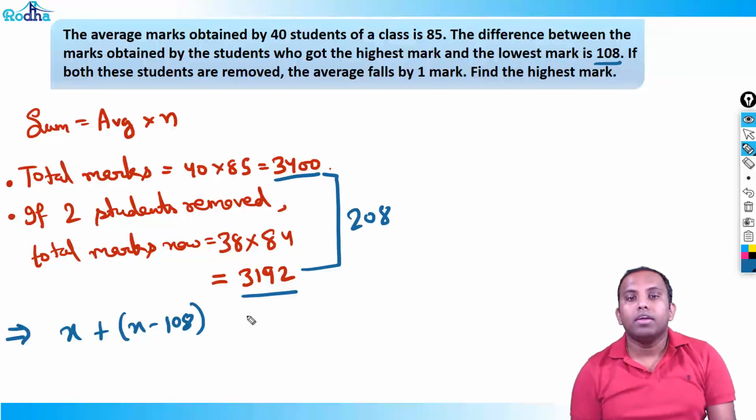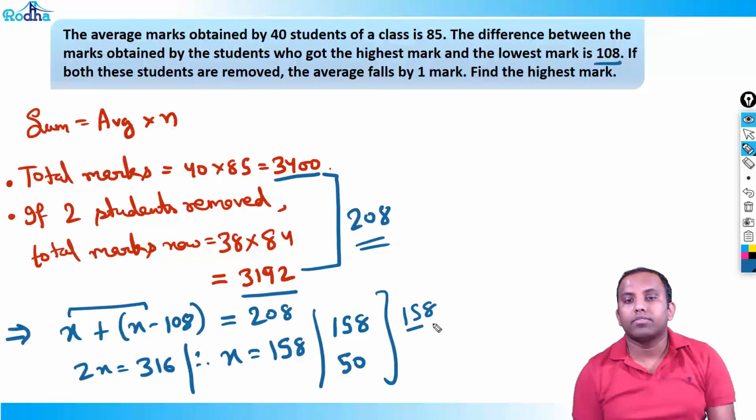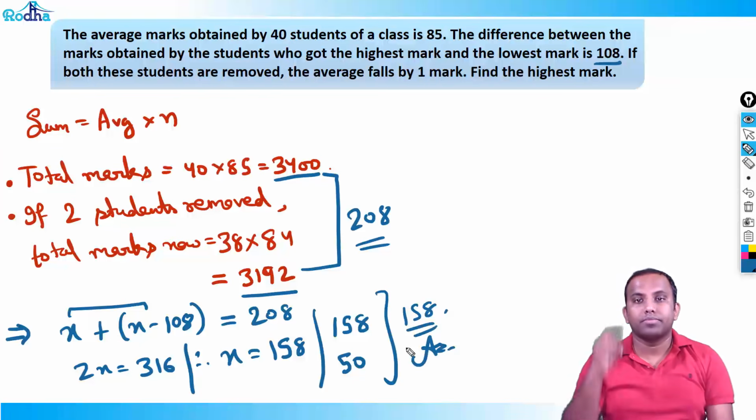The sum of these two is 208, so 2x is equal to 316. Therefore x is equal to 158. So the first mark is 158, and since the sum of those two marks is 208, the other mark is 50. So, the highest mark?